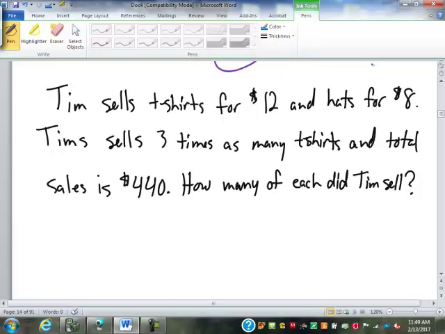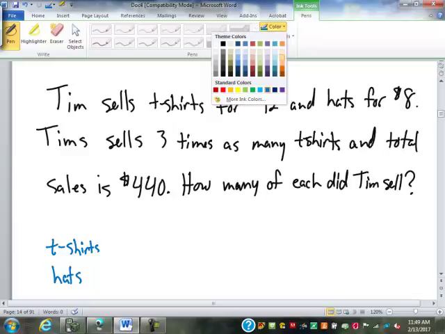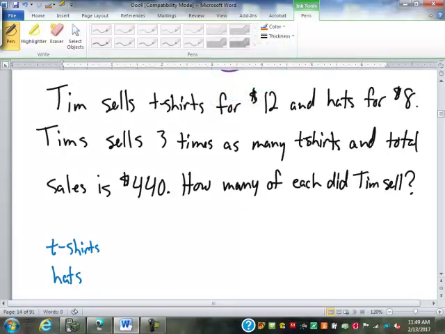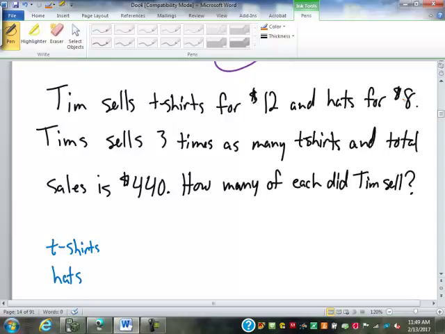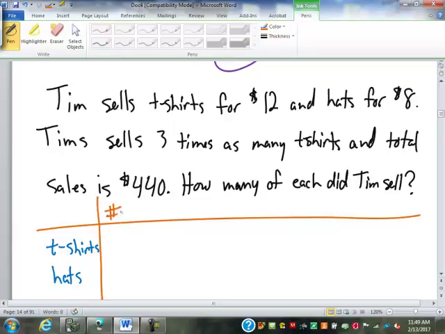So this one's going to be a little more complex. I'm going to map this one out a little bit more detailed. So we've got T-shirts and we've got hats. Now, unfortunately, we're not given the number of T-shirts plus the number of hats, we're not given that number. But we are still going to have to represent the number of each sold.